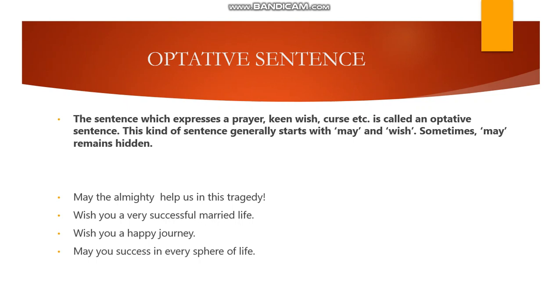Wish you a very successful married life. Wish you a happy journey. May you succeed in every sphere of life. Of course, in these sentences, we are wishing good luck. We are praying for somebody. So, such types of sentences are called optative sentences.